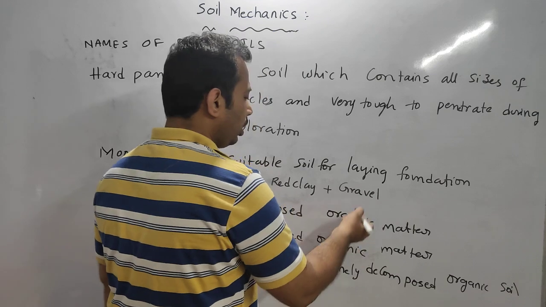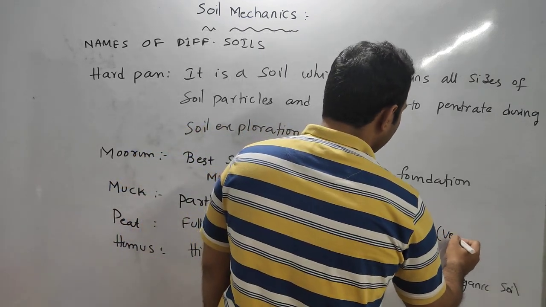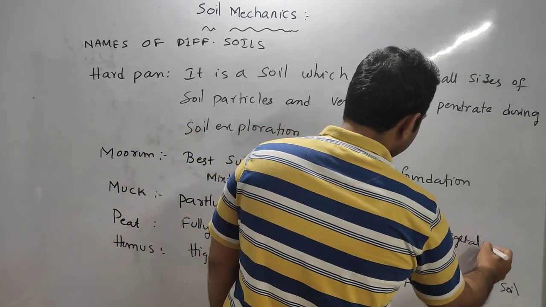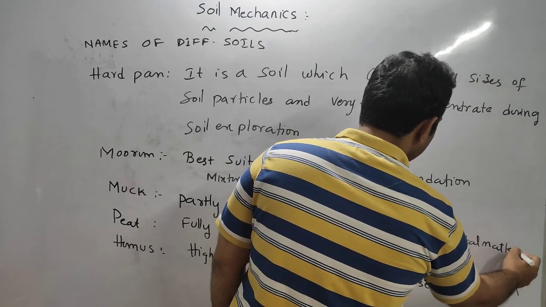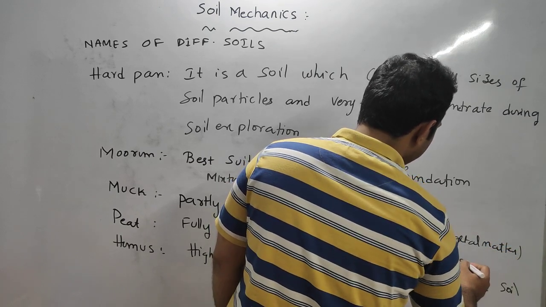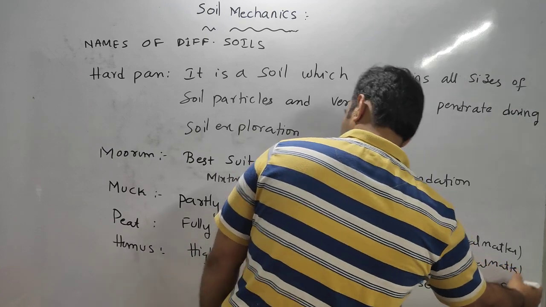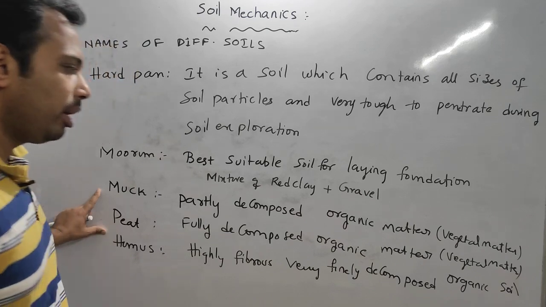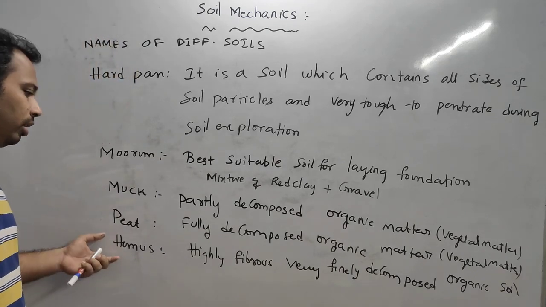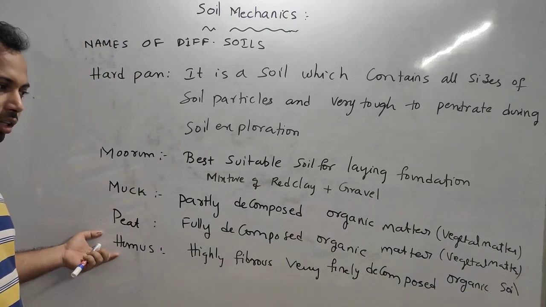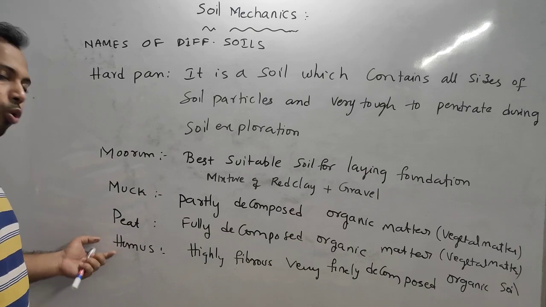In general here the organic matter is vegetal matter. If it is a vegetal matter, then peat and muck is formed. If it is any other matter other than vegetal matter, then humus will form.